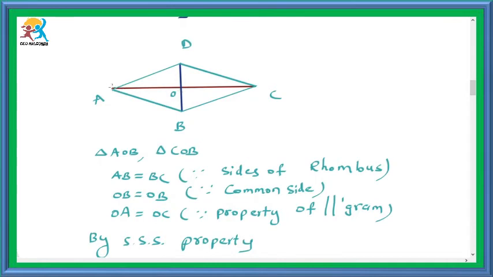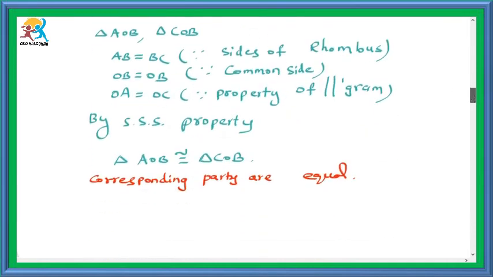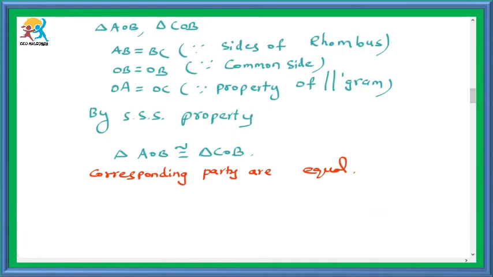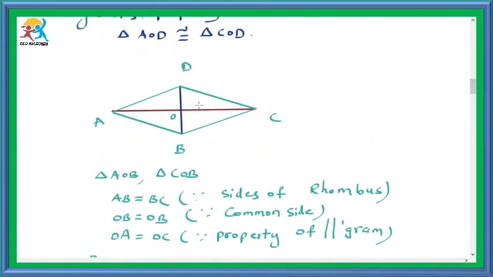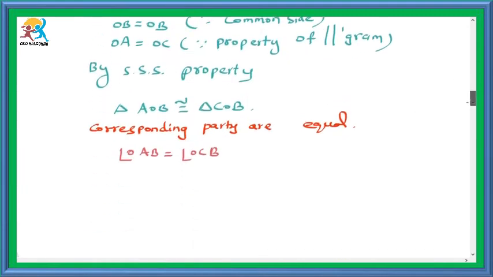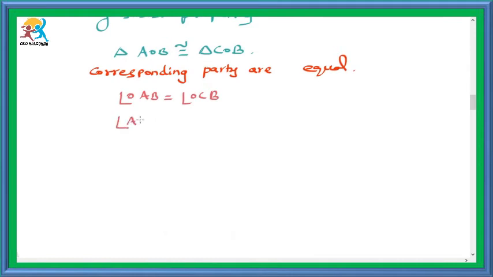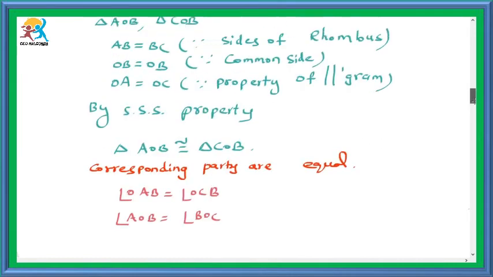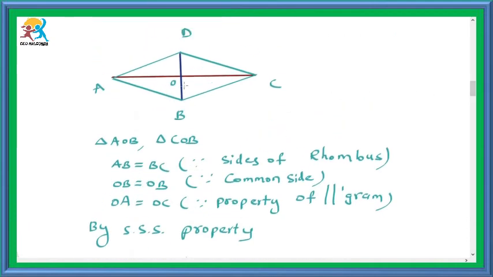I can write angle OAB is equal to angle OCB, and angle AOB is equal to angle BOC, and angle OBA is equal to angle OBC.